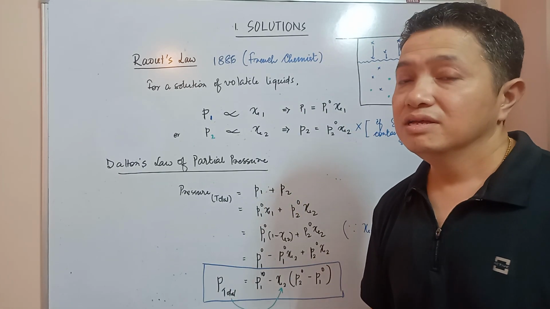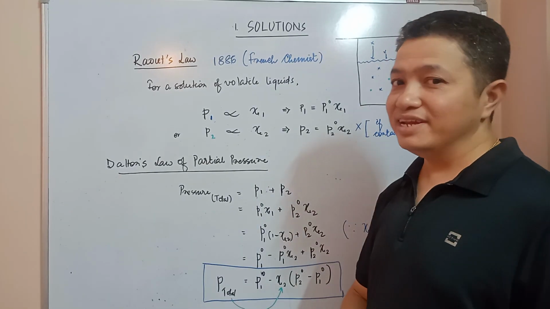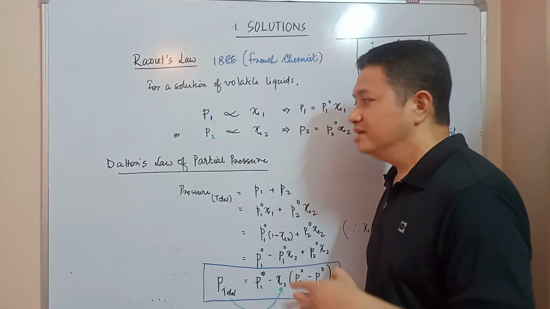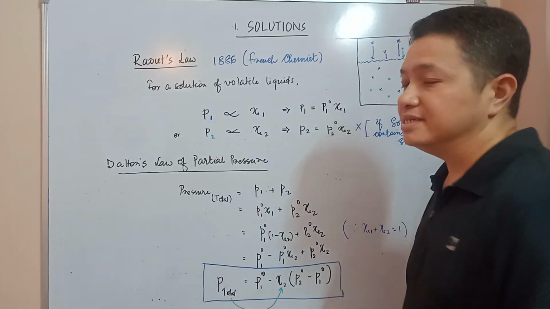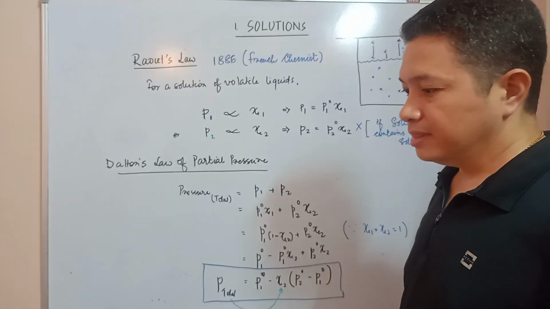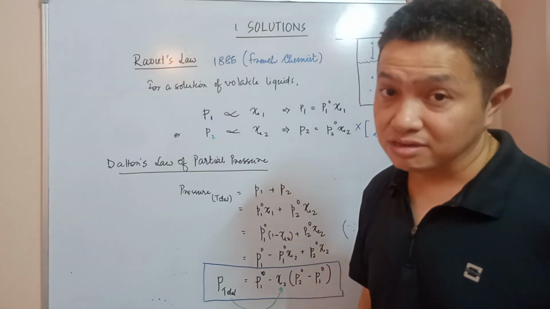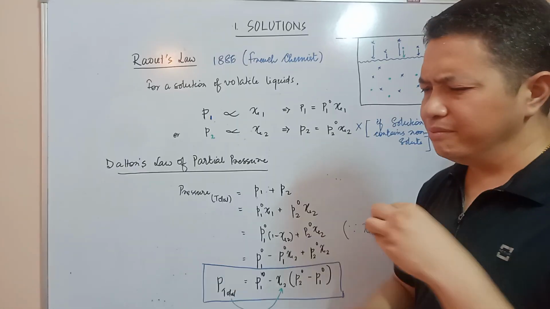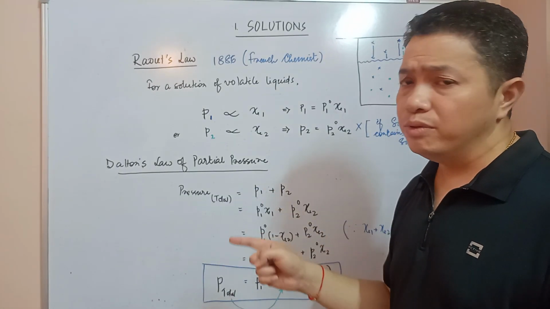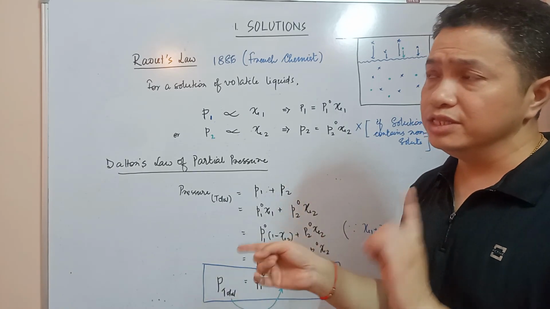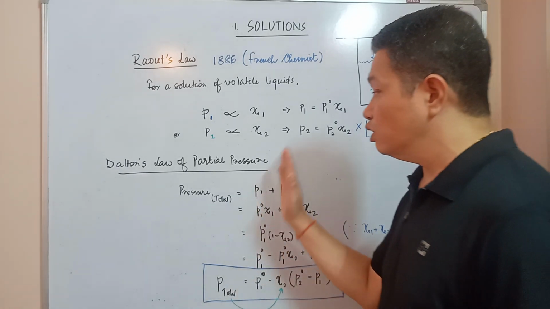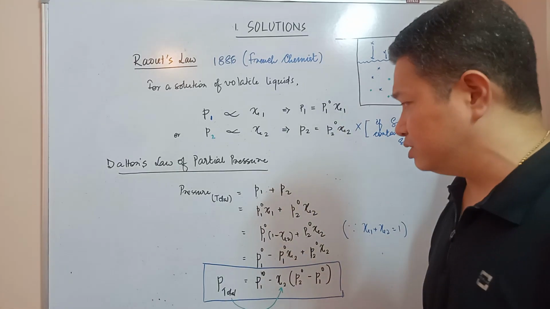This is what Dalton's law of partial pressure says. It's again a very simple statement. Dalton's law of partial pressure states that the total vapor pressure of a solution containing many components is equal to the sum of the individual partial pressures of each component at that particular temperature.